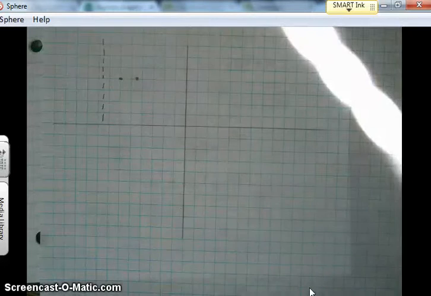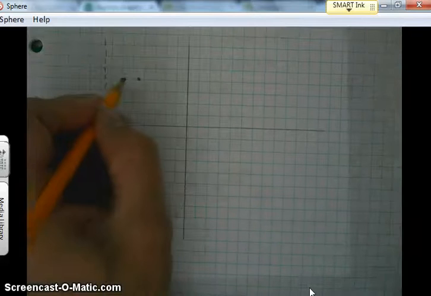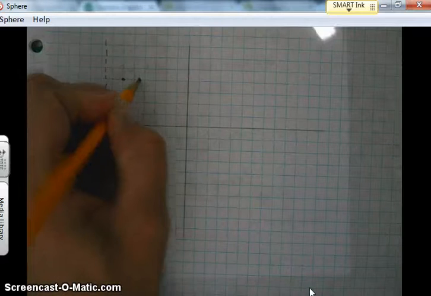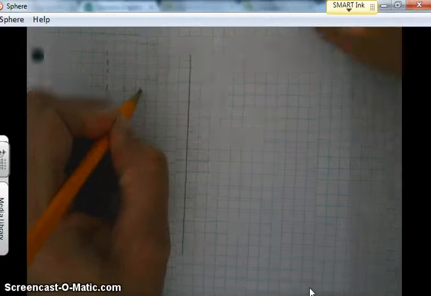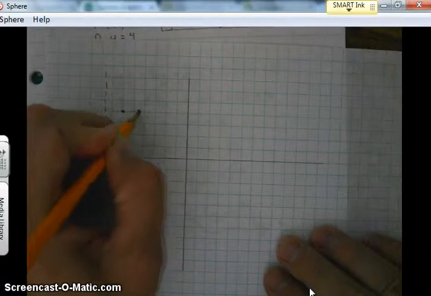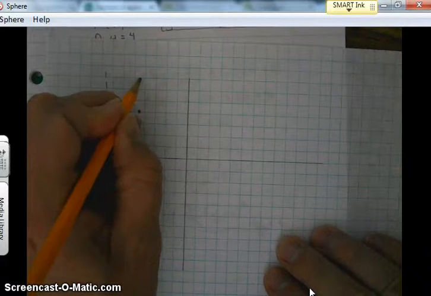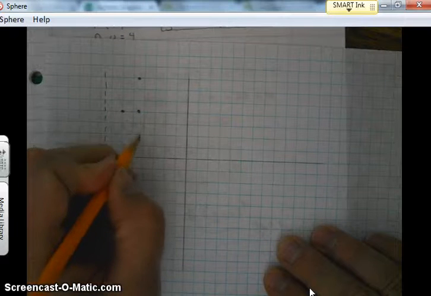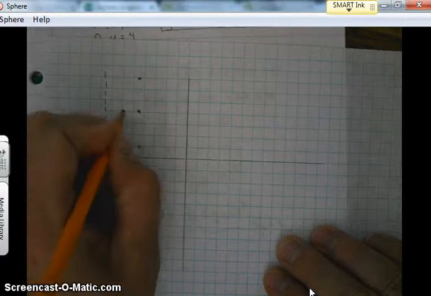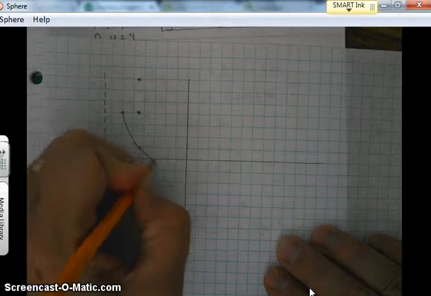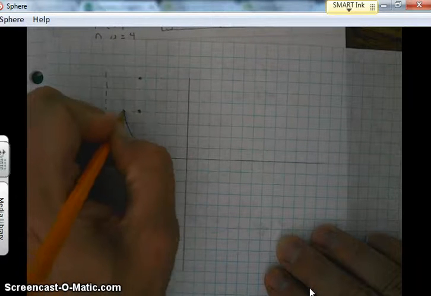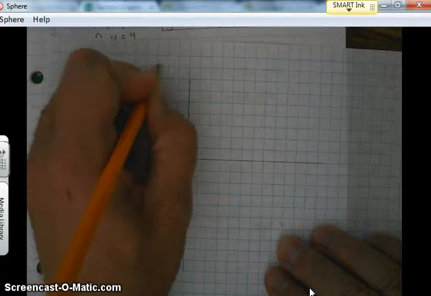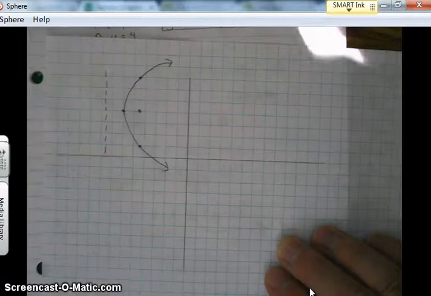So we can actually get 2 more points here. So if we go 1.5 in, if we double 1.5, we get 3. So 1, 2, 3. 1, 2, 3. And now we have 3 points to help us draw a better representation of this parabola.